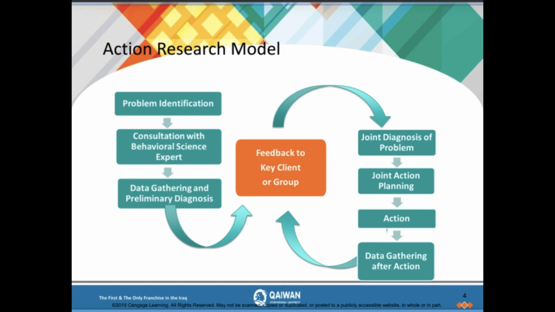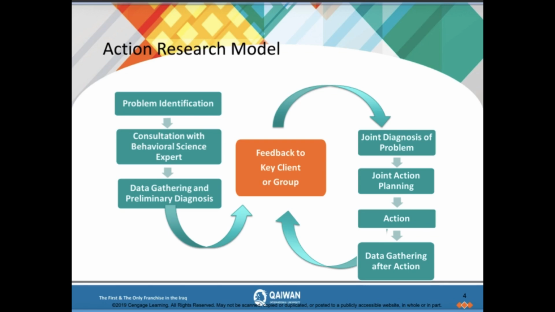And then comes action, where the planned change is implemented in reality. But the process doesn't stop here. We continue with data gathering after action. This means that we evaluate the result. Did the change work or not? If not, we again adjust and improve it.